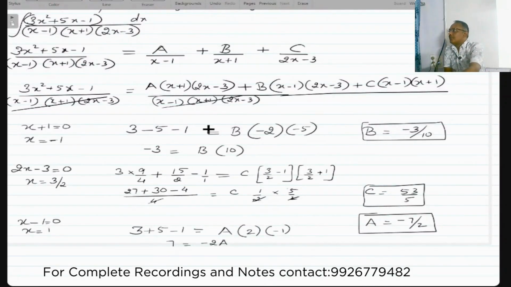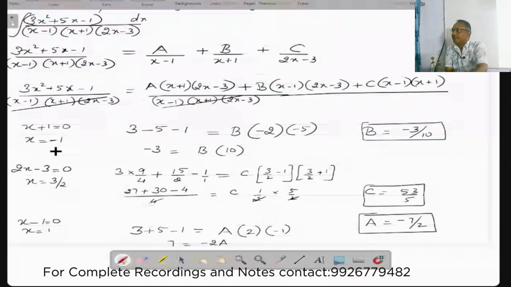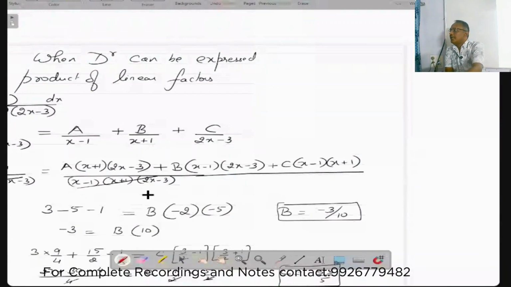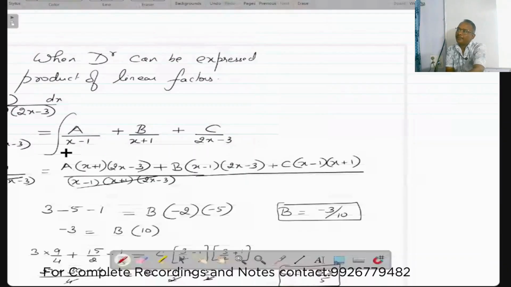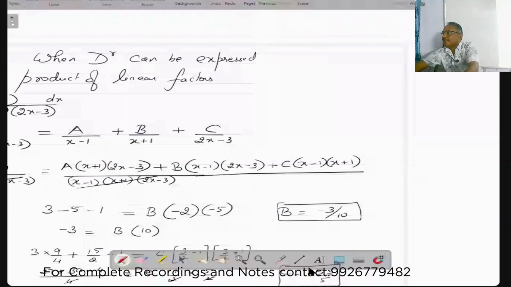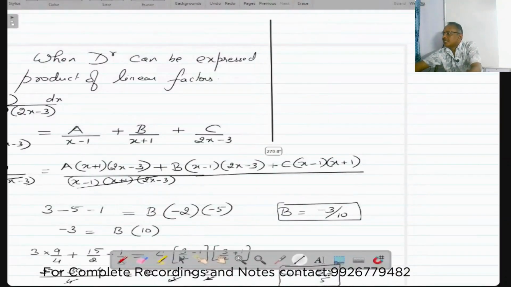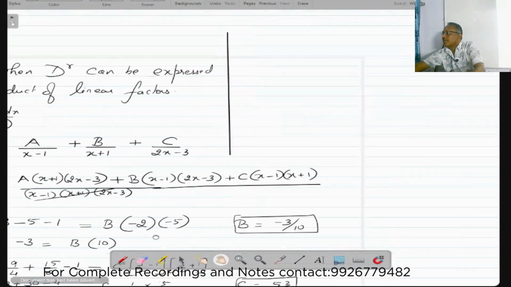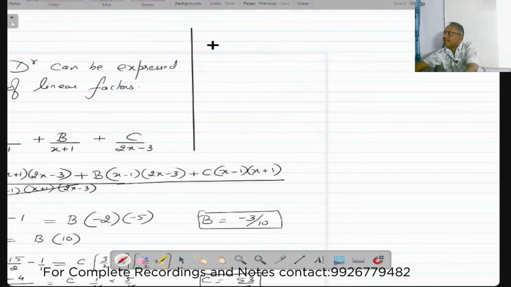If I come back to the integral portion now, I was to integrate this. What was I to integrate? This one. So the integral will become, what is a? The value of a is minus 7 by 2, integral of dx upon x minus 1.